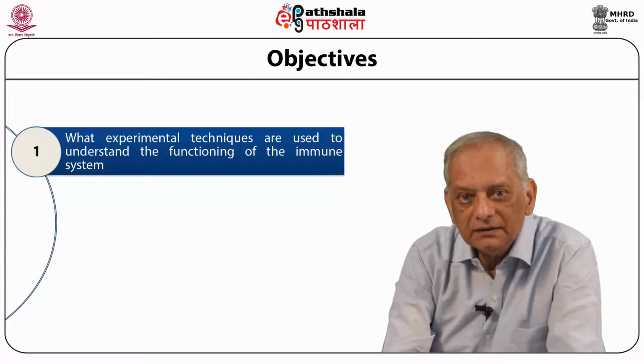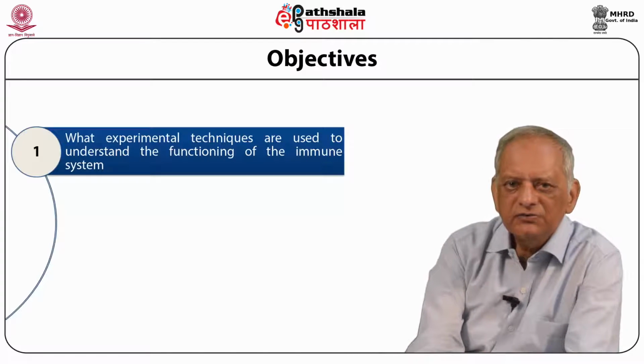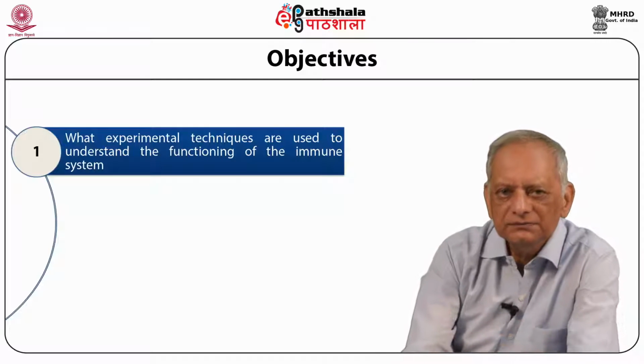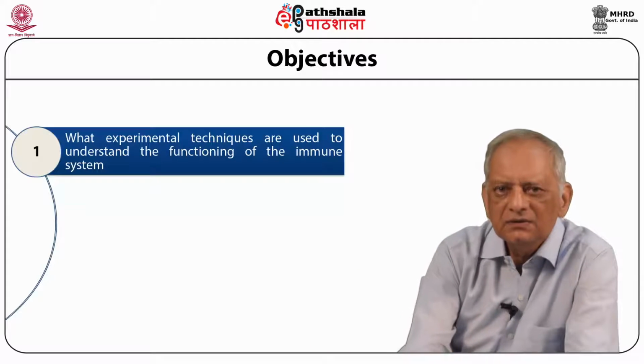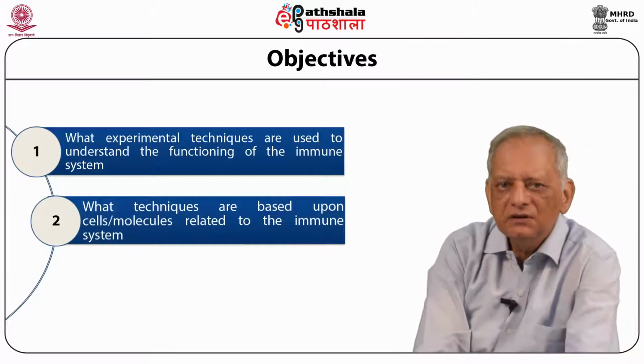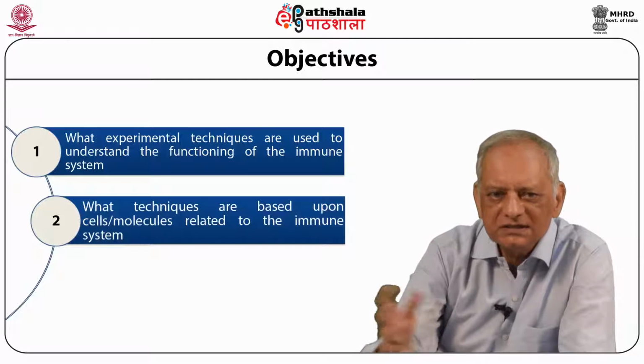But in experimental immunology, we have to see what techniques are based upon the cells, and what techniques are based upon these molecules, which of course are related to the immune system.